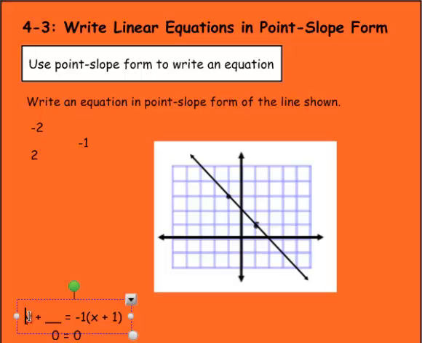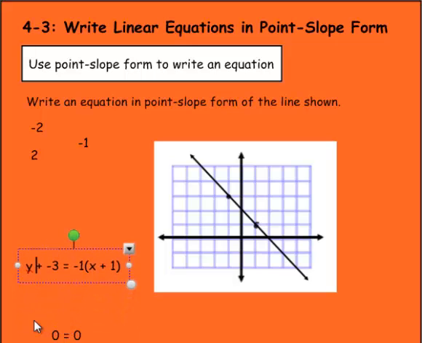So if y is 3, what would this need to be to turn it into 0? It would have to be negative 3. So it would be y plus negative 3. And here would be my point-slope form equation. Y plus negative 3, or I could write y minus 3, equals negative 1 times x plus 1. And that would create this line here. So we went backwards there.